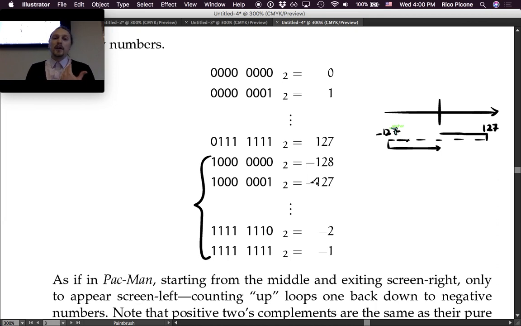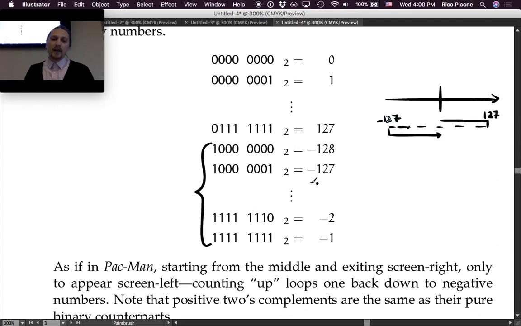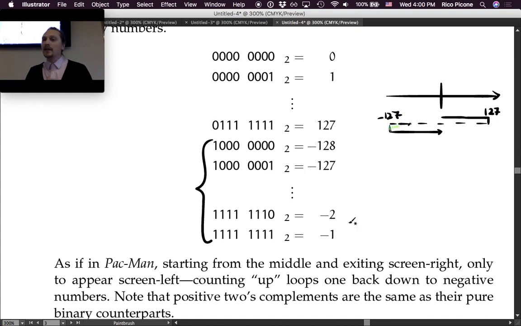You could interpret them as pure binary, but we're going to say that sometimes we've encoded into these binary representations a negative number that has this convention to it. So it's as if in Pac-Man, starting from the middle and exiting screen right, only to appear screen left, counting up loops back down to negative numbers, right?